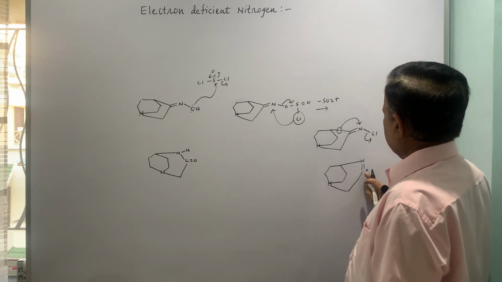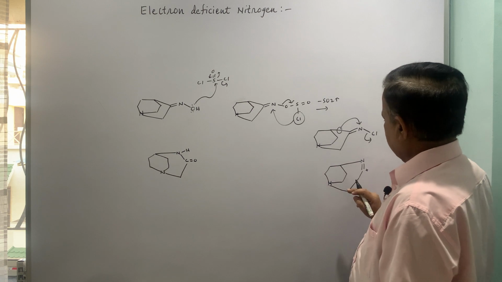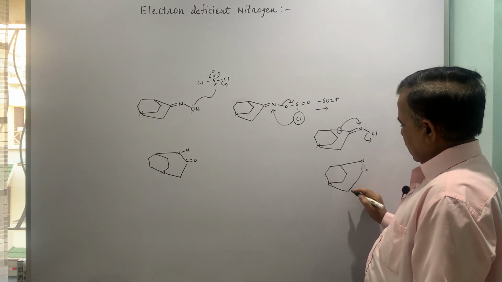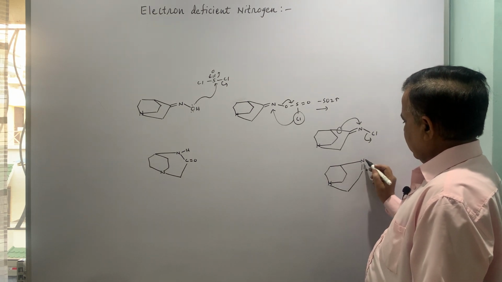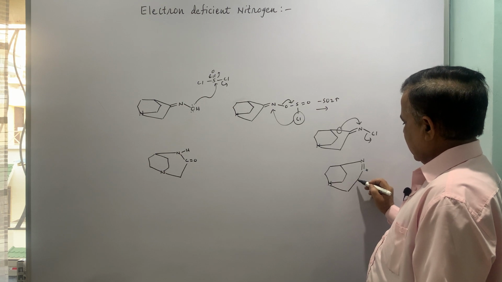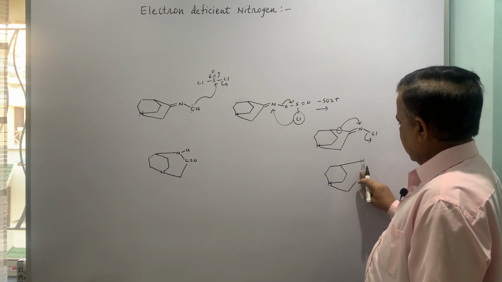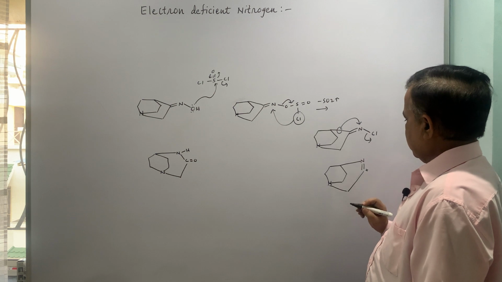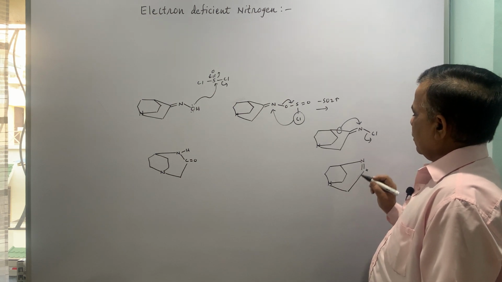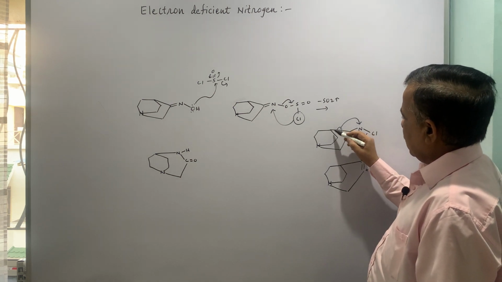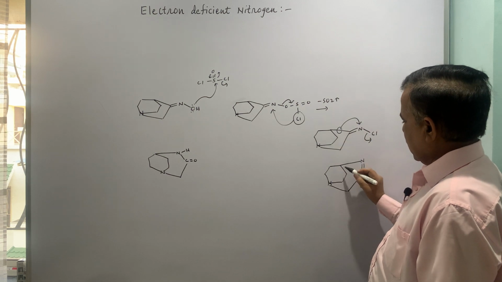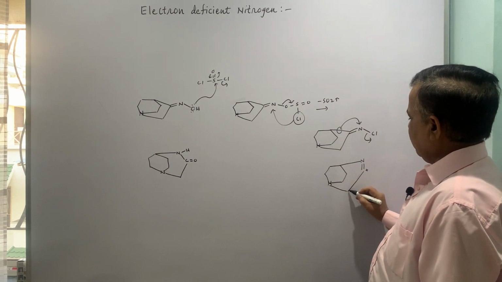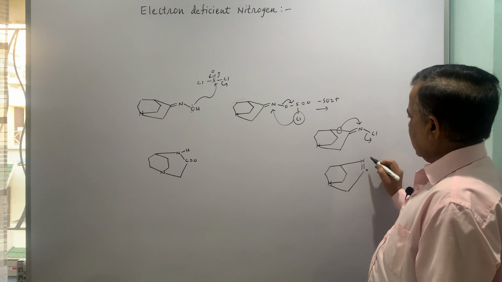Okay. So 1 2 3 4 5 6 and 7. Now let it be like this. So 1 2 3 4, 1 2 3 4 5 6 and 7.